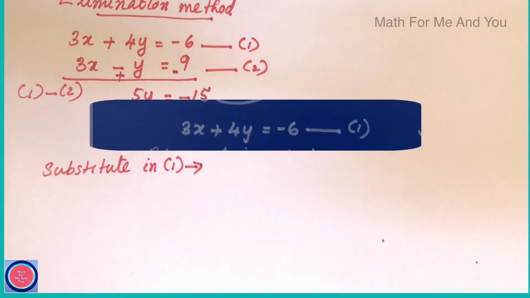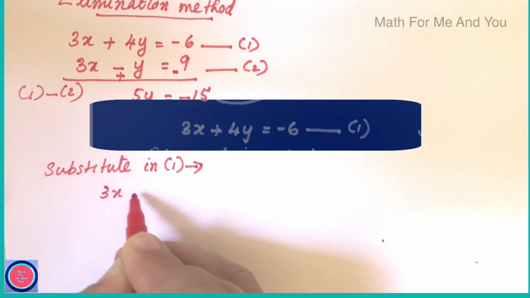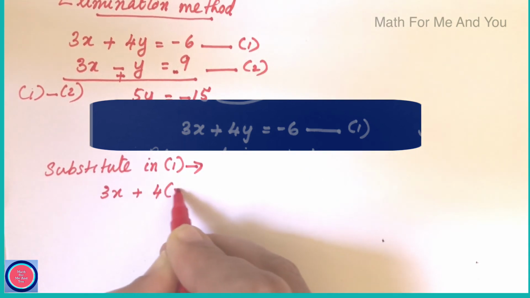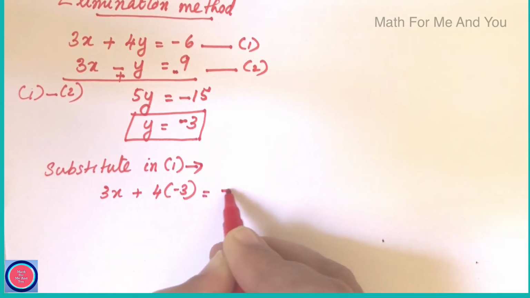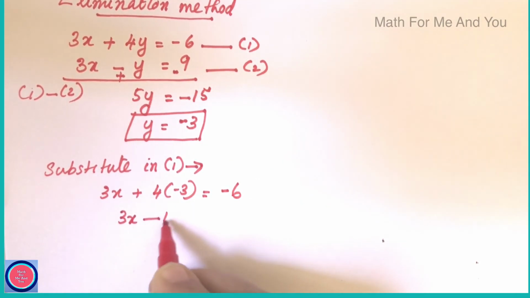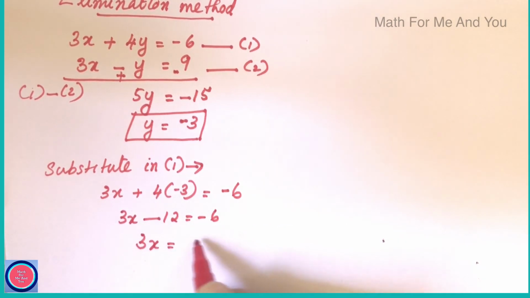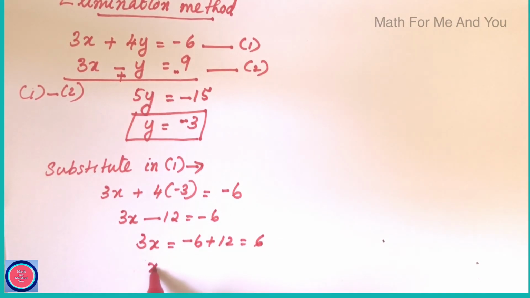Okay, what do we get? 3x, same we write, plus 4, give the value of y, minus 3, is equal to minus 6. 3x minus 12 equals minus 6. What about 3x? Move minus 12 to the right side. Then we get minus 6 plus 12, that is positive 6. x equals 6 over 3, which is 2.